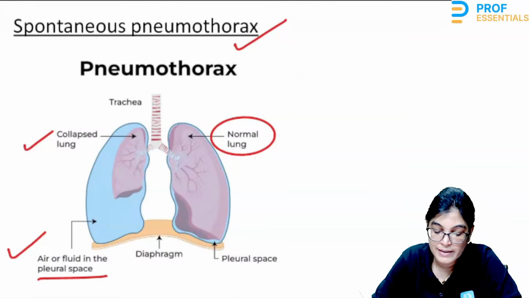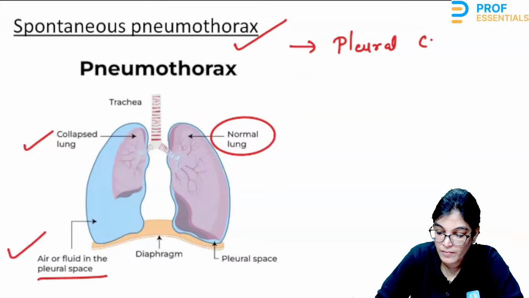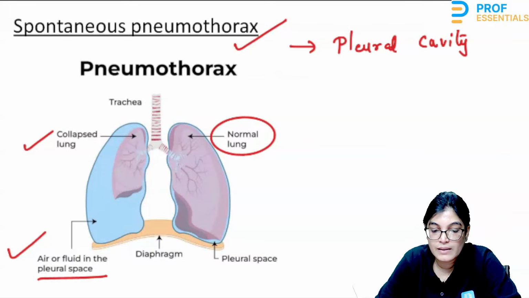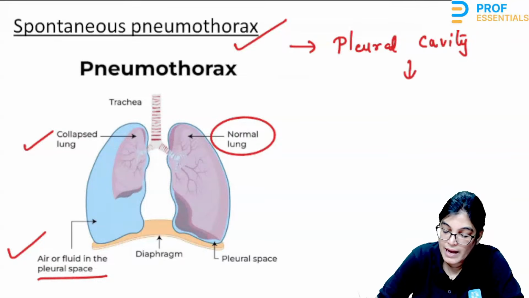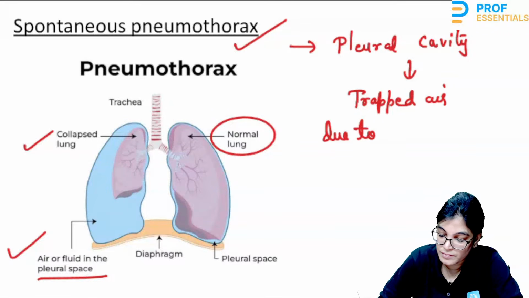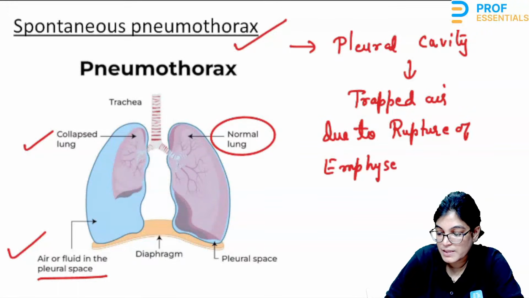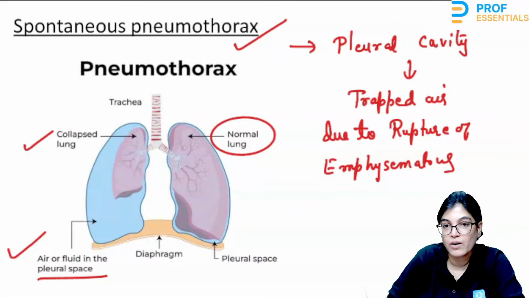So this is the condition in which the pleural cavity has got trapped air due to rupture of emphysematous bullae of the lung.